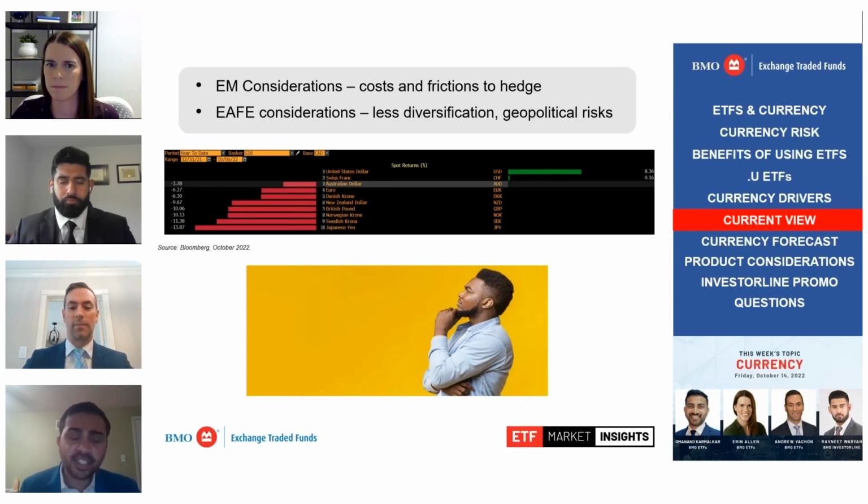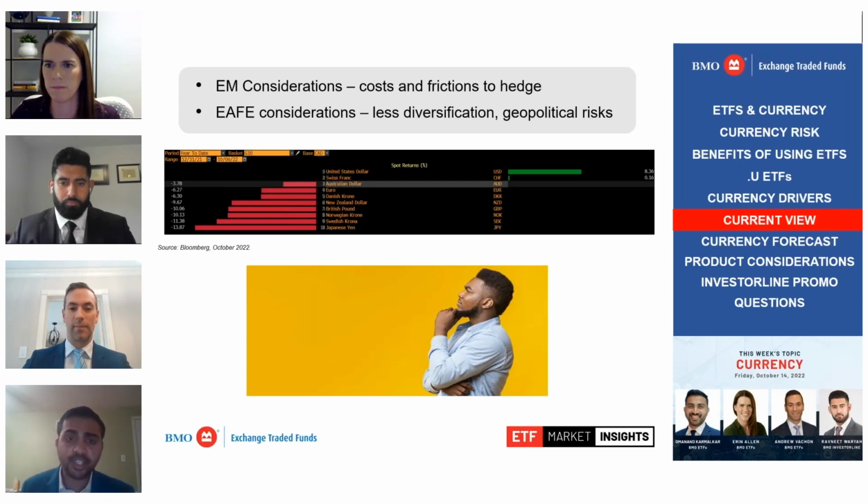Because of that, we've seen the euro depreciate to all-time lows that we haven't seen in a very long time. Versus the US dollar, it's at parity. We saw tensions within the UK because of this, where they're coming up with new fiscal policies, which is impacting the GBP, or the British pound.